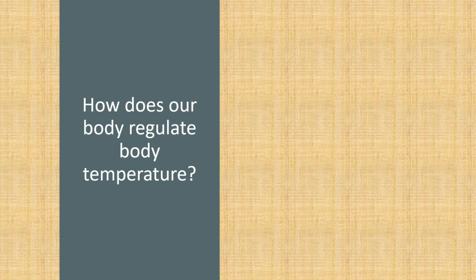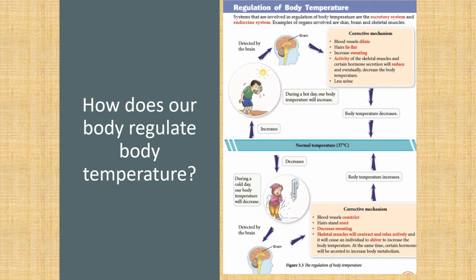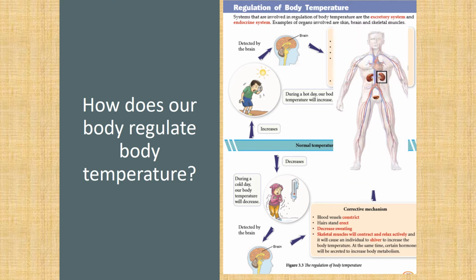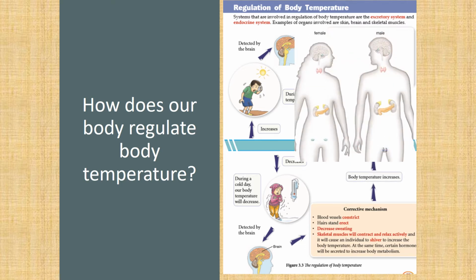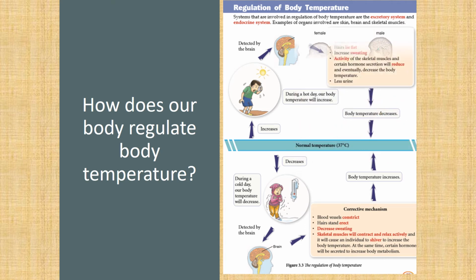So how does our body regulate body temperature? The systems involved in regulation of body temperature are the excretory system, as we have learned in chapter 2, and the endocrine system. Examples of organs involved are skin, brain, and skeletal muscle.